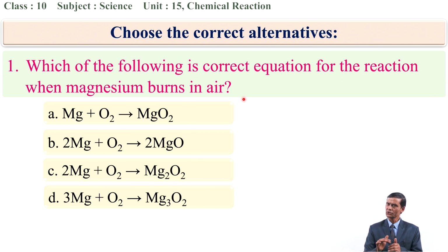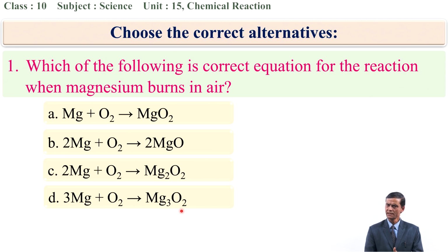That is the correct chemical reaction, isn't it? So we have to express it by a chemical equation, and here are some equations you have to find the correct form out of. Look at Mg plus O2, MgO2, or 2Mg plus O2, 2MgO, or 2Mg plus O2, Mg2O2, or 3Mg plus O2, Mg3O2.